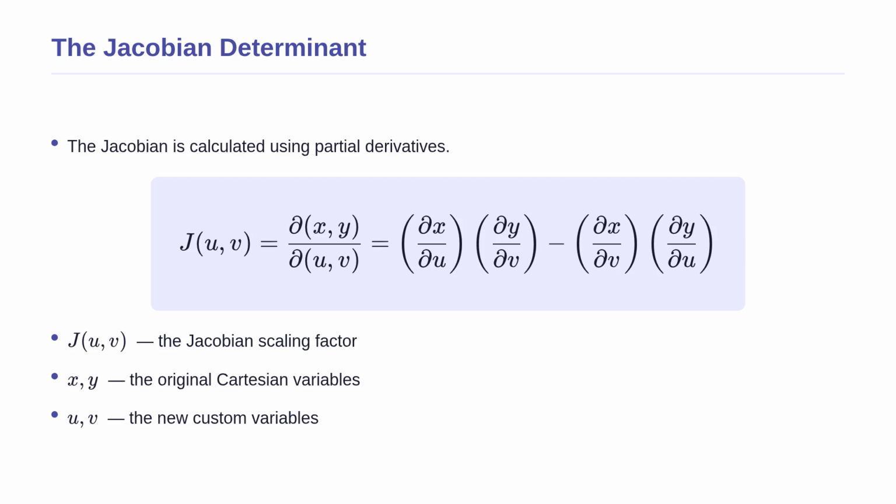The variables x and y are our old coordinates and u and v are our new ones. By cross-multiplying the partial derivatives of the old variables with respect to the new ones, we find the exact stretching multiplier needed at any specific point in space. If the new variables warp the space more, this determinant increases.